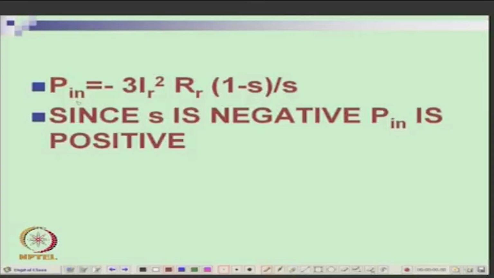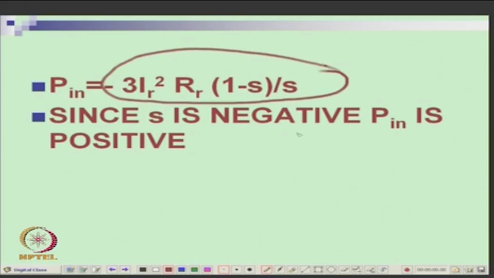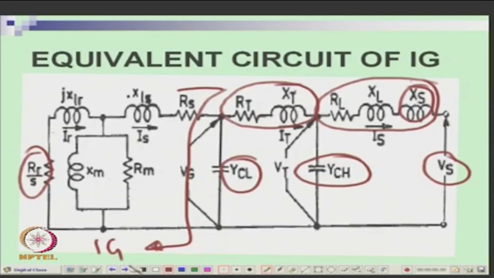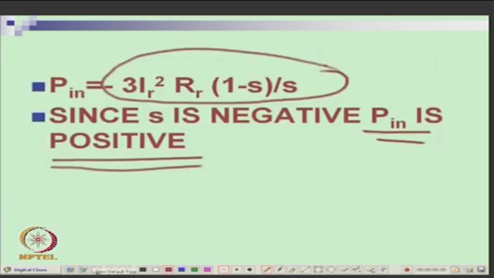Now, your input power coming from the turbine will be minus 3 times IR square RR by 1 minus S by S. Since S is negative, input power is positive. So, you know the power that is coming out to the grid, and this is the power coming from the turbine.